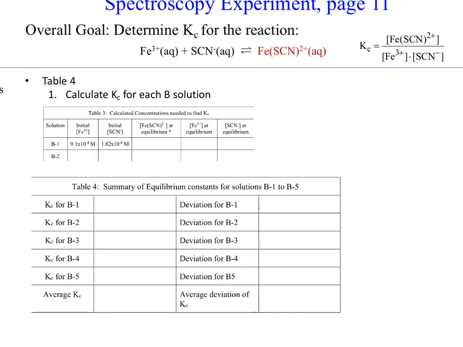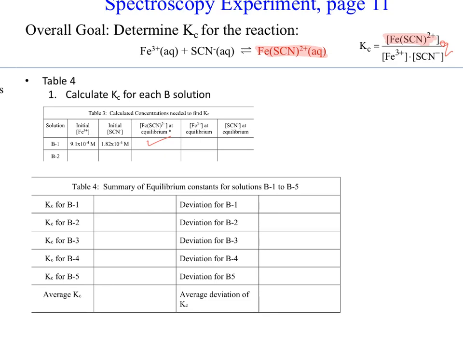Now finishing up table 4, calculate Kc for each B solution. So remember our expression for Kc: products over reactants. And these have to be equilibrium values. So my product is the FeSCN2+ at equilibrium, which you have from table 3.